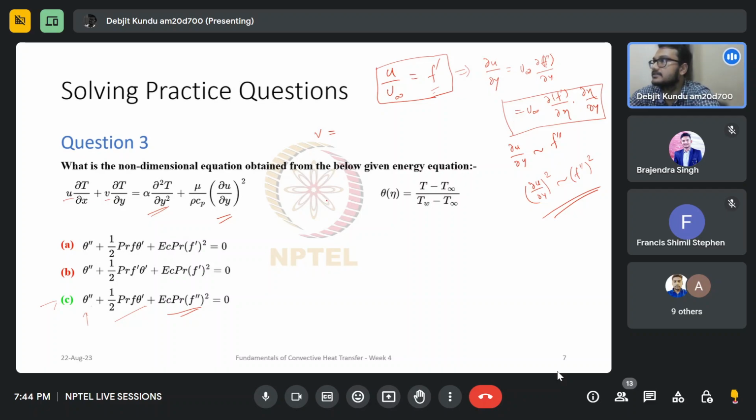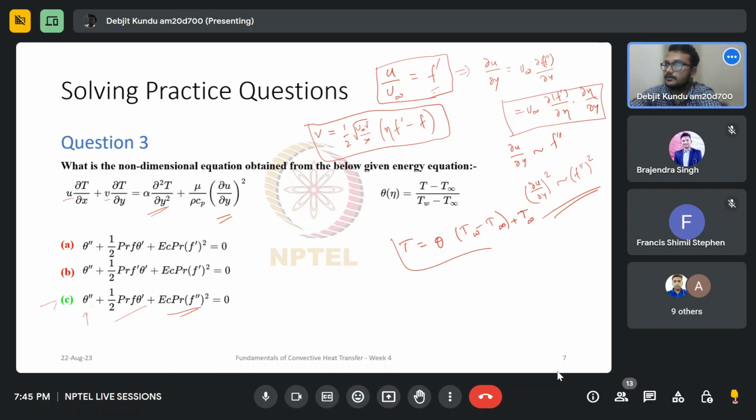It's something like half u infinity root of ν by x into (η f prime minus f). And T you can write as θ into (T_w minus T infinity) plus T infinity.